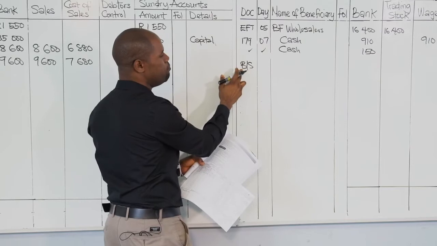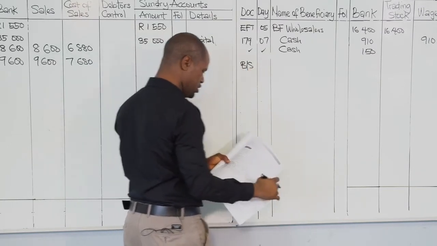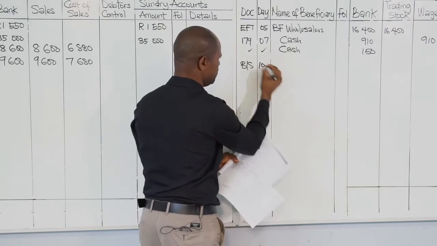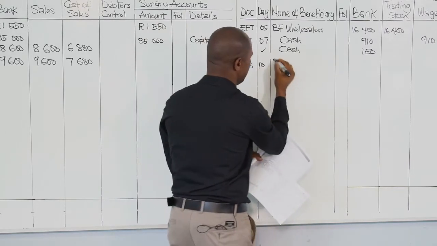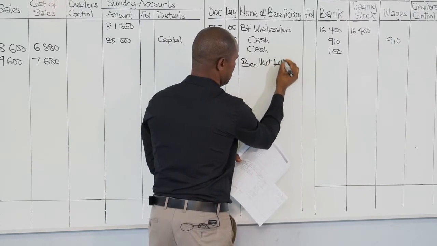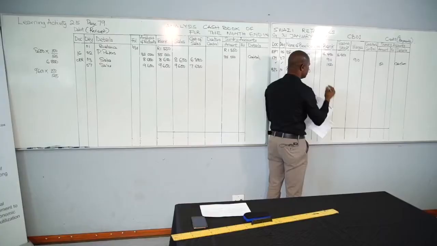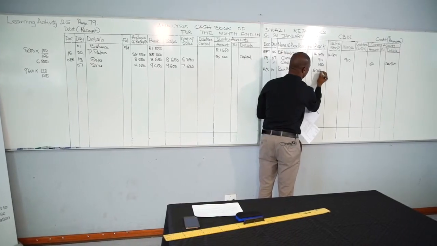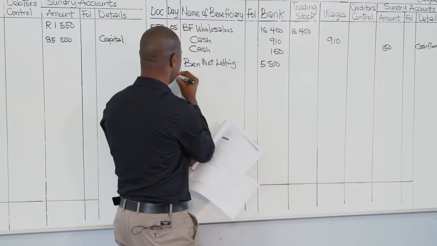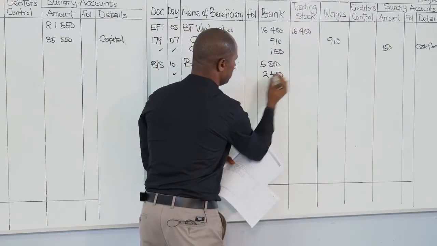BS means bank statement number, but the number is not given to us, but the date is on the 10th. The beneficiary is Ben Wealth Letting. The first amount is 5,800. On the same day, the second amount is 2,400.